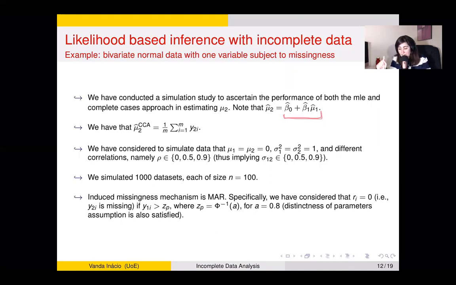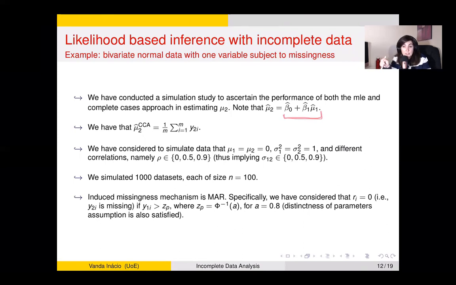Okay? And what I have done is I have simulated 1000 datasets. Each dataset has 100 observations, and I have simulated data from a standard bivariate normal distribution. So the mean vector is formed by zeros, the diagonal of the variance covariance matrix is formed by ones, and then we will see results for a correlation of zero between y1 and y2, for a correlation of 0.5, and for a correlation of 0.9.